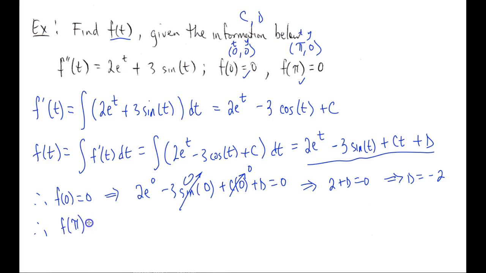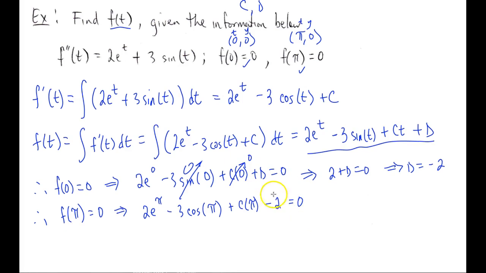When we have f of pi is equal to 0, we do the same thing. Here we have 2e raised to the pi minus 3 cosine of pi plus c of pi. And then, of course, we know d is negative 2, and that would equal 0 there.